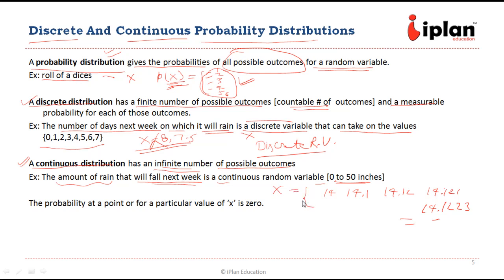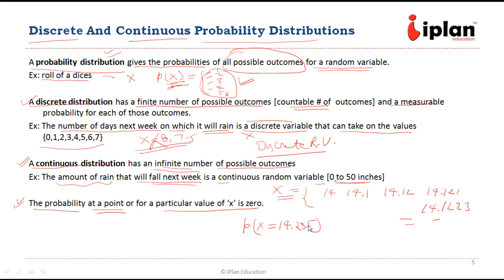So there can be infinite values within this limit which this random variable can hold. So there is a function which will define this distribution. So this kind of distribution is continuous probability distribution. One important point about this probability is that at a particular point, the particular value of x is going to be 0. For example, the probability that the rain which will fall next week is going to be, say, 15.235, a particular number.